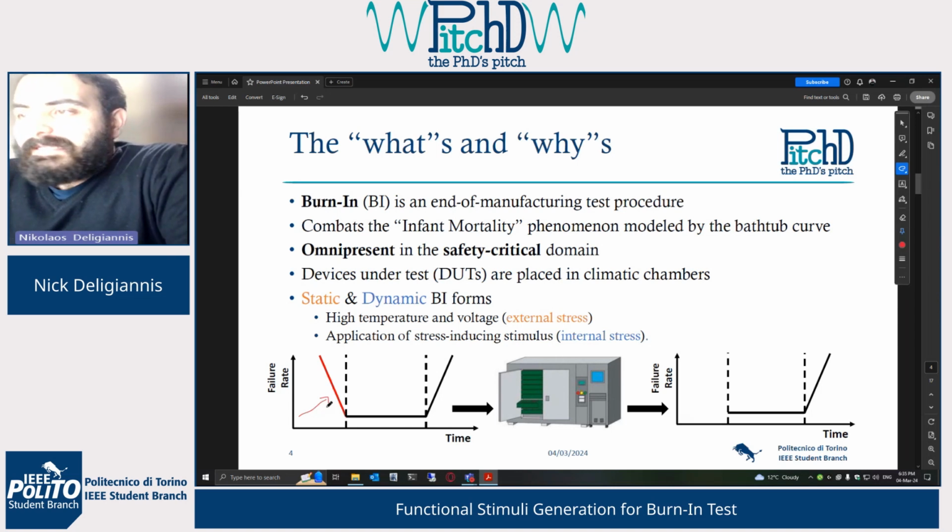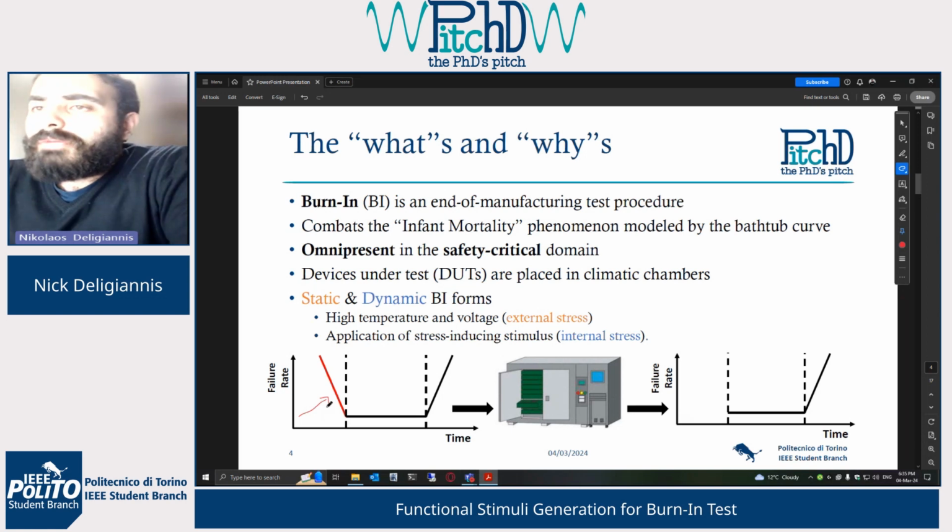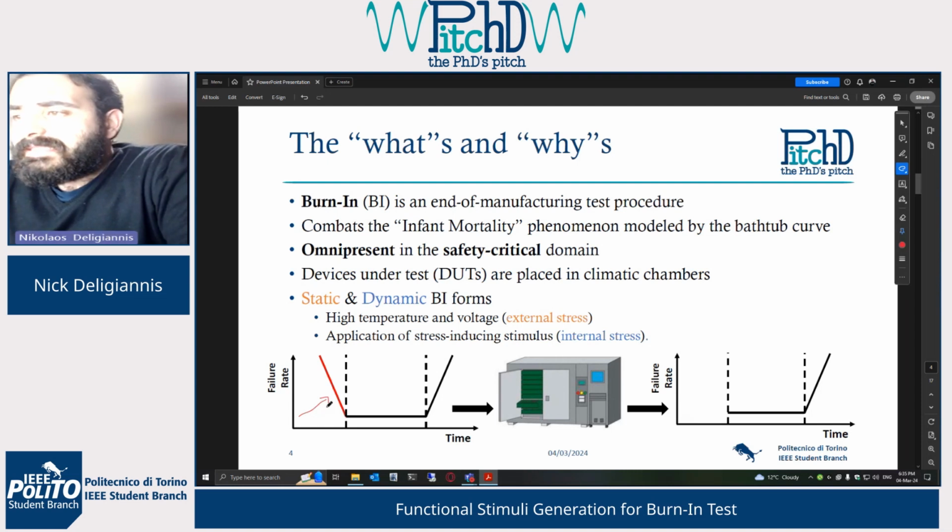So we have external stress sources. And also on top of that, we can force the DUTs to execute some stressful code, some stress-inducing stimuli. And this is the internal stress, which increases the switching activity of the circuit, the toggling of the circuit. This is the dynamic form of BI.